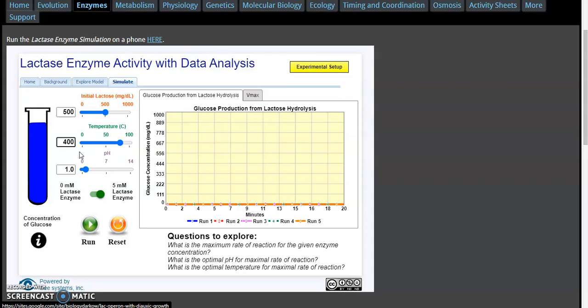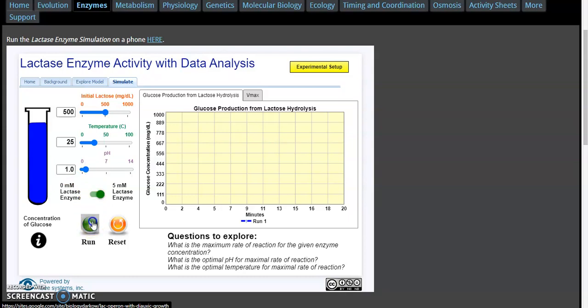I'm going to put this at 25, which is where it started off at. So temperature of 25 degrees Celsius, pH of 1, everything else is the same. Then we're going to do 5 trials here.